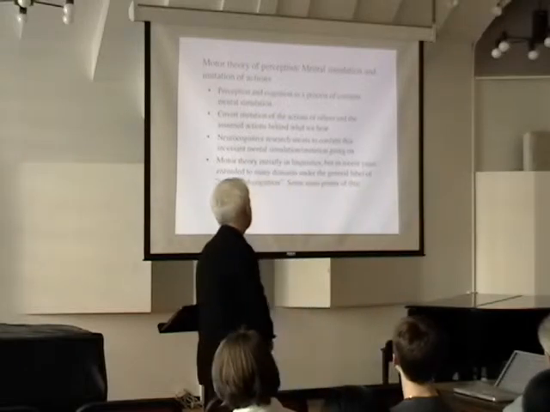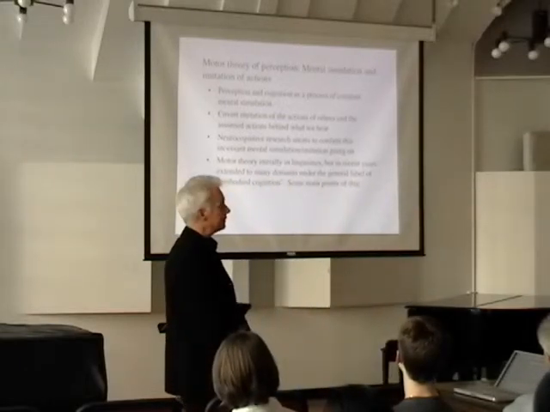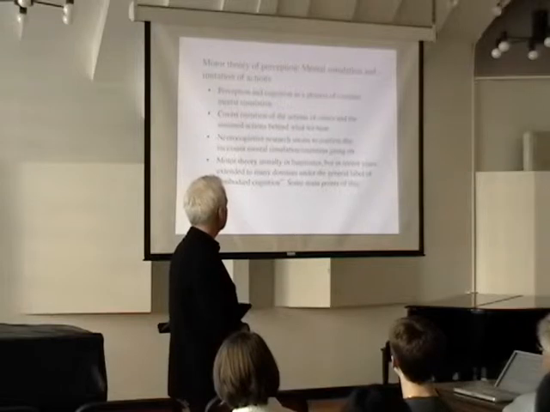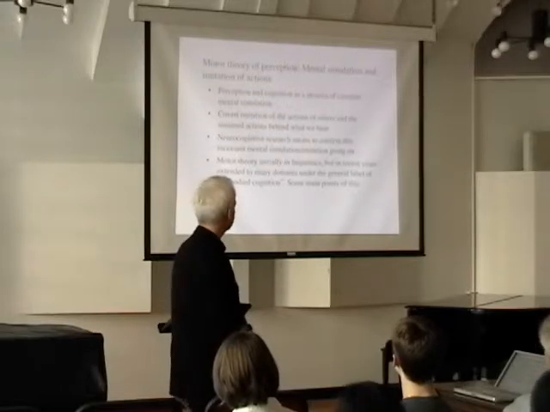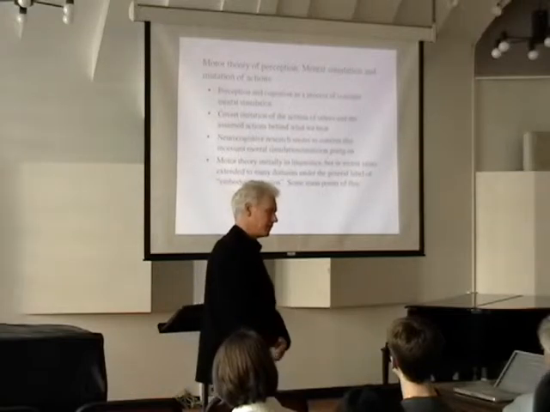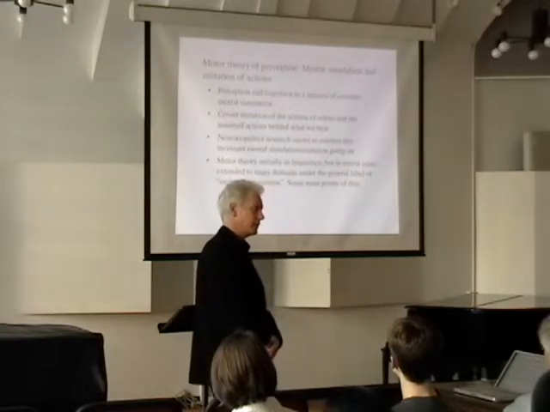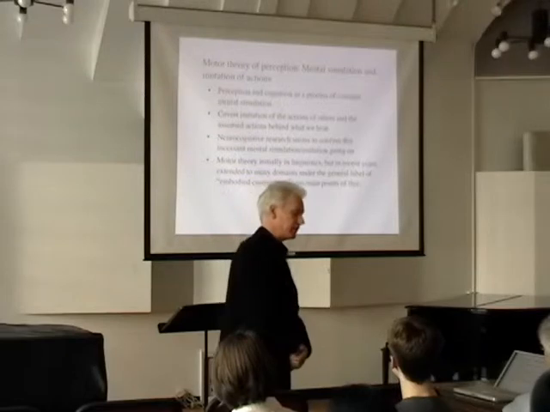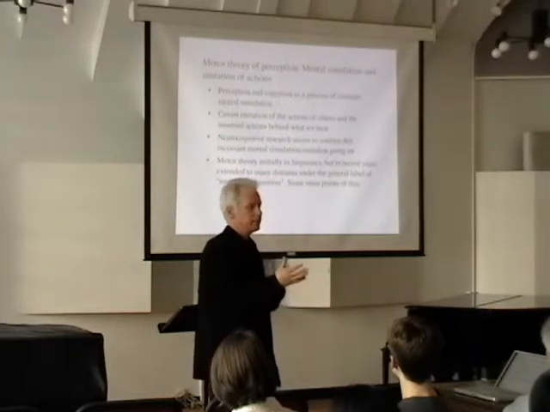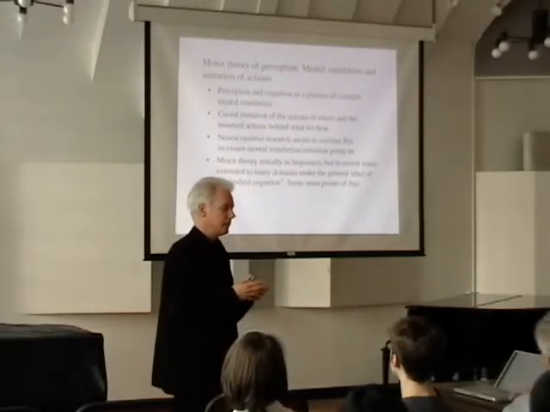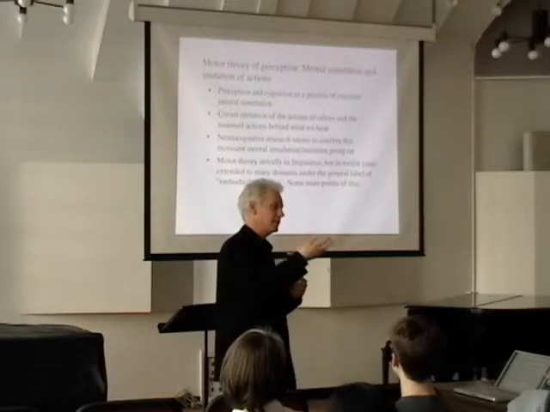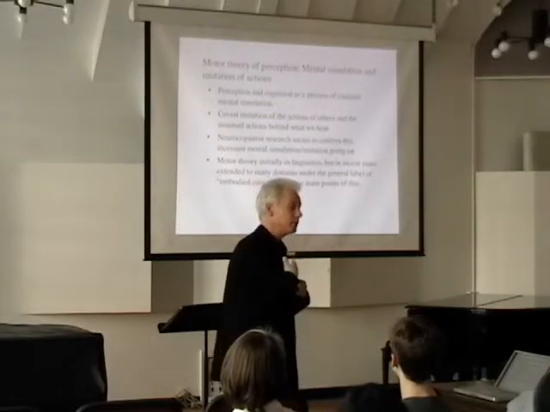So the motor theory of perception means that we have a constant mental simulation and also imitation of the actions of others. And actually also that there is a covert imitation going on. In a more general case, when two people are talking, the one who is listening will tend to imitate the actions of the one who is talking covertly.